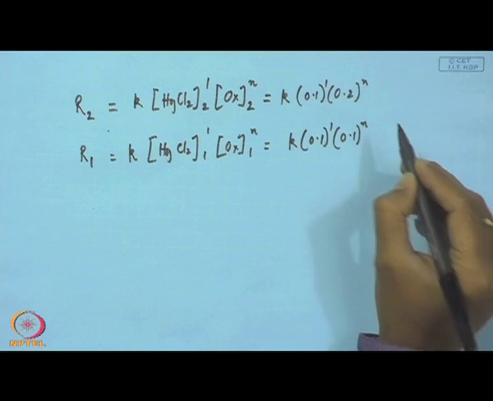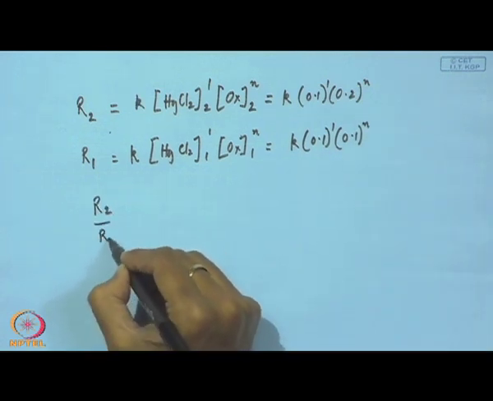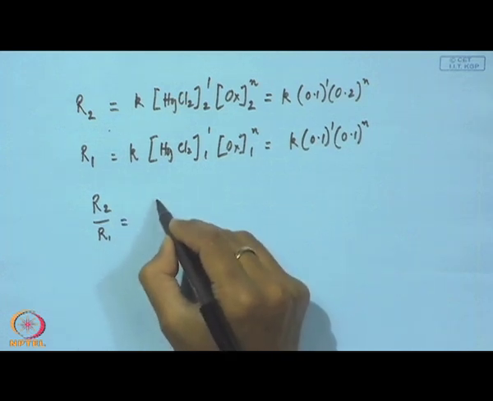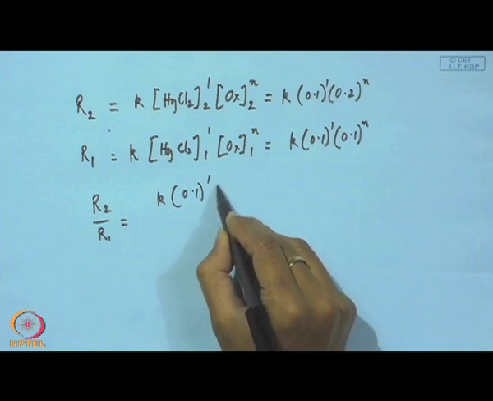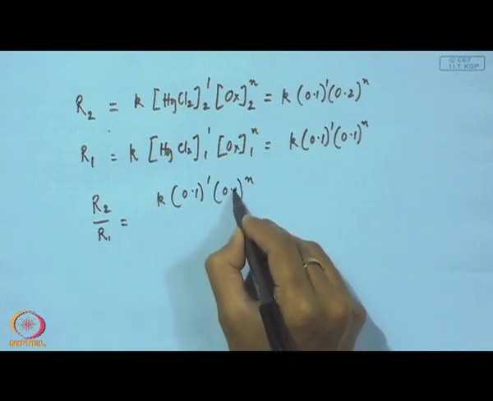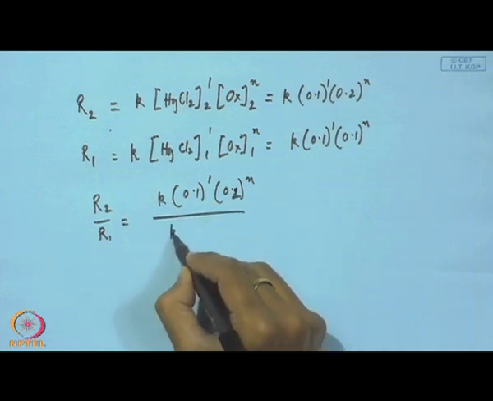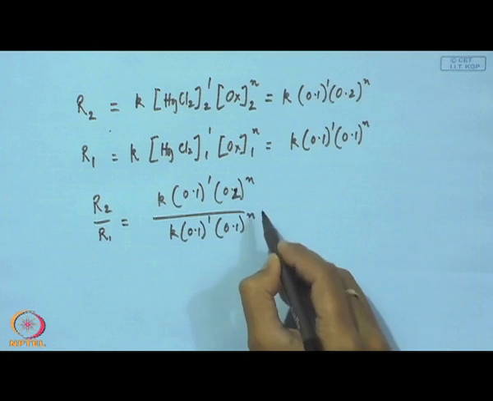So, if we divide R2 by R1, we get K into 0.1 to the power 1, 0.2 to the power n, divided by K, 0.1 to the power 1 and 0.1 to the power n.